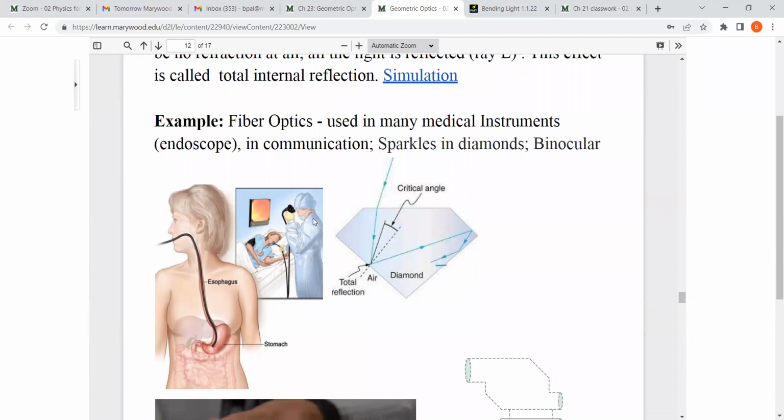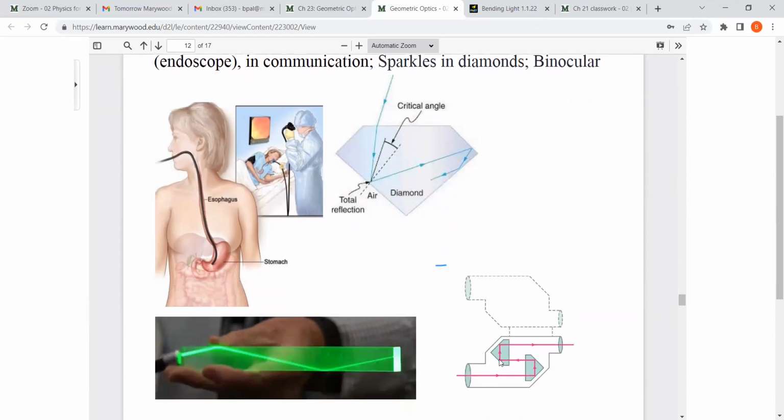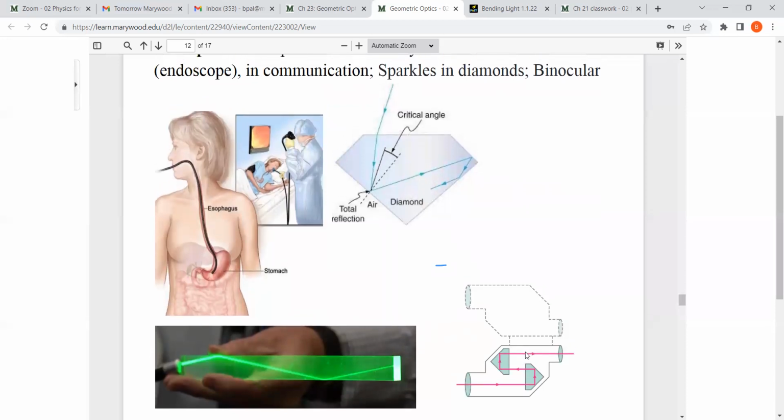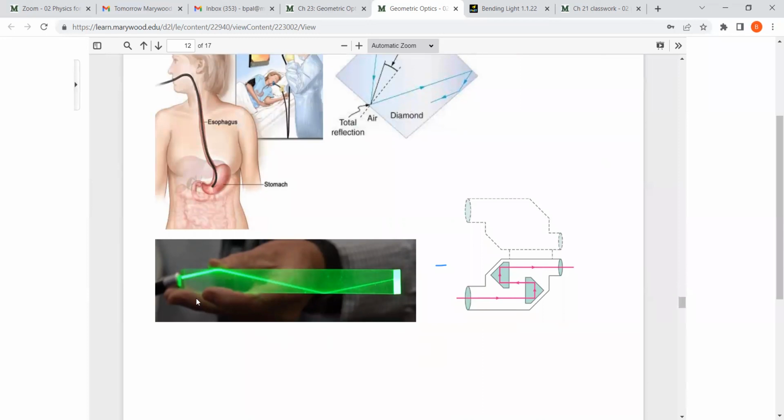So these are two important applications of total internal reflection. Also, the sparkles in diamonds are due to total internal reflection, and total internal reflection is also used in binoculars.